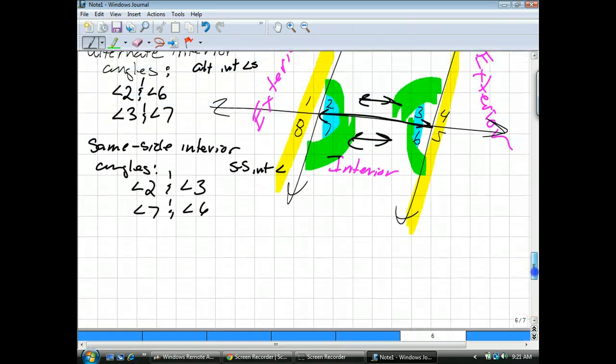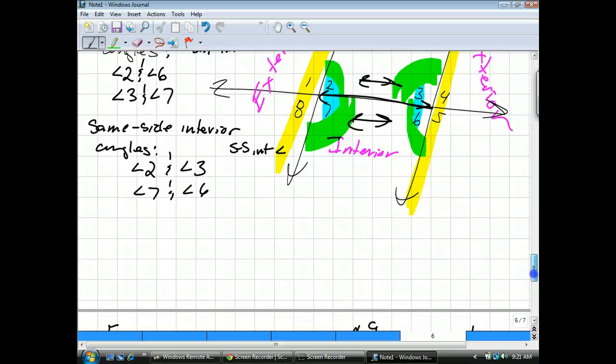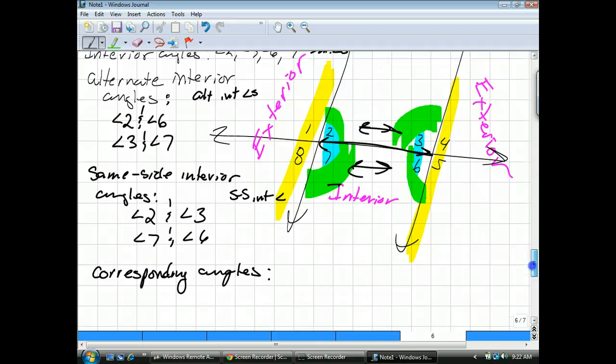Let's go back up here. I forgot the last definition, corresponding angles. Okay, corresponding angles are angles in the same position in relation to the line and the transversal.